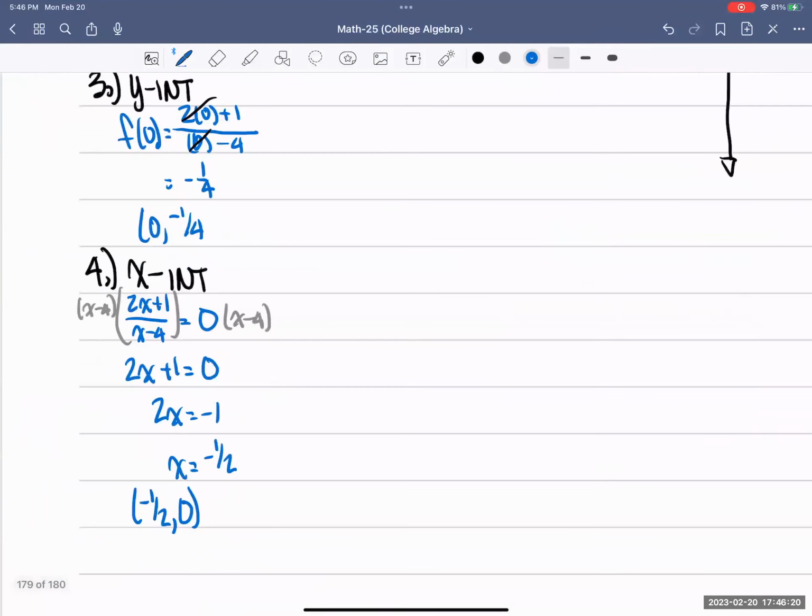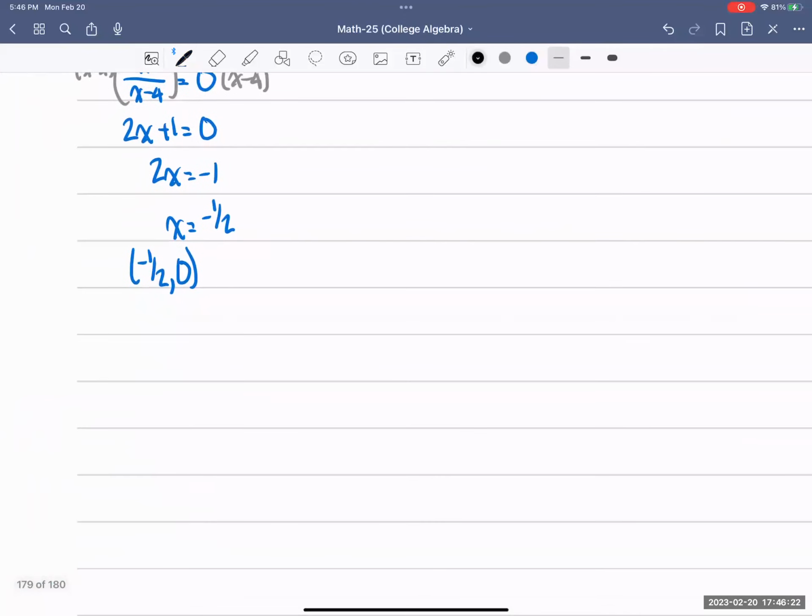Part 4, and now moving on to part 5. Part 5 is, does it cross our horizontal asymptote? And what we do is we set our horizontal asymptote equal to our function.